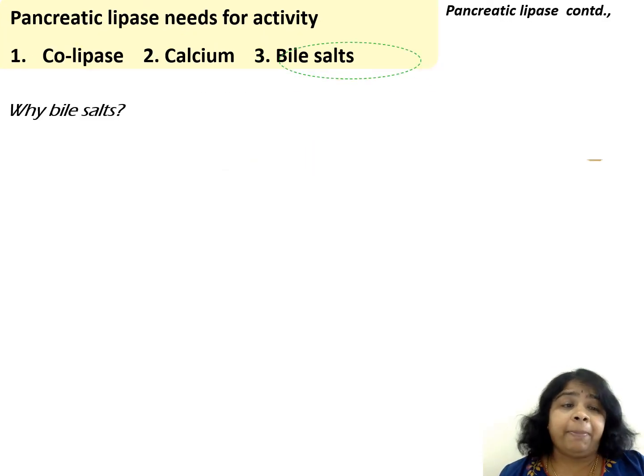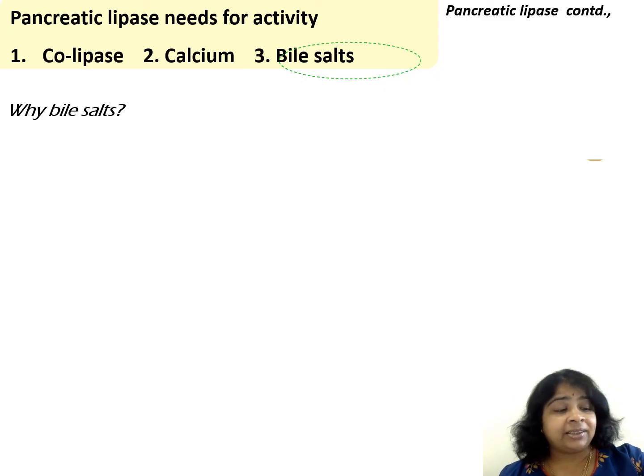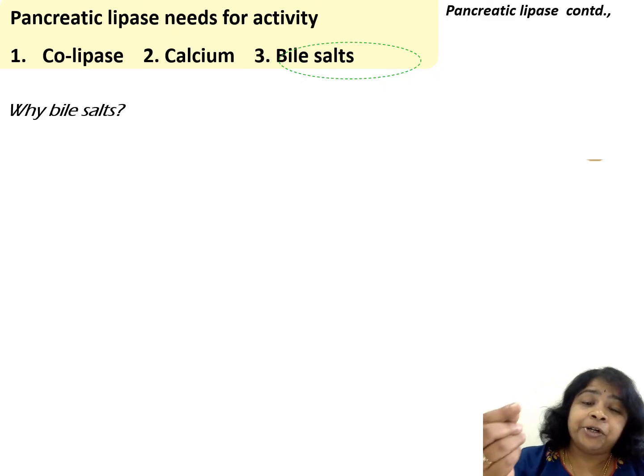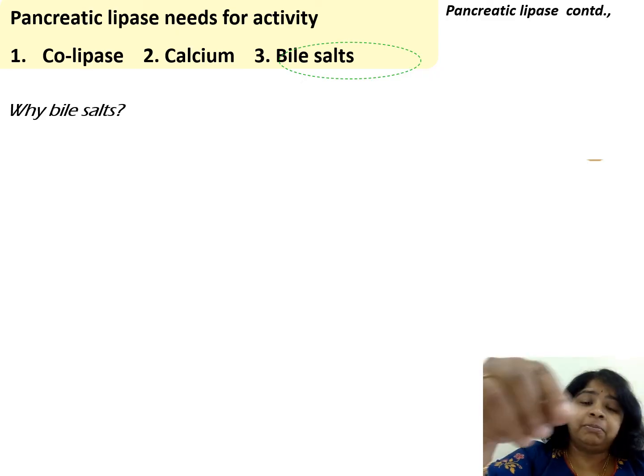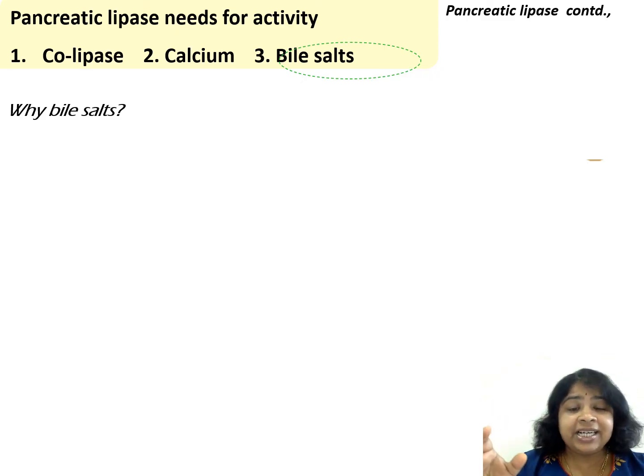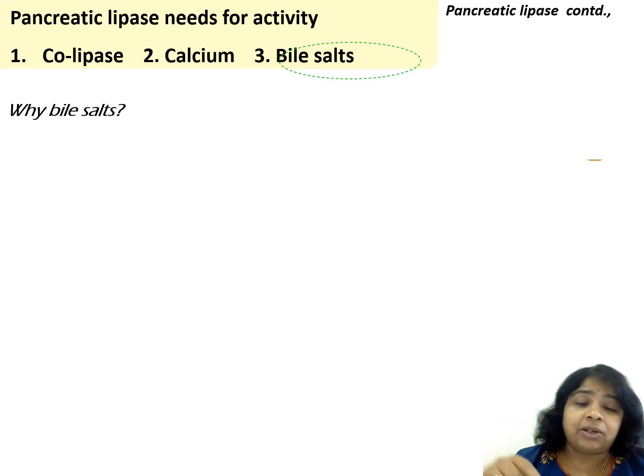Now what about bile salts? If you have ever seen a drop of oil put in a glass or container of water, and you put multiple droplets, ultimately these droplets will all coalesce and form one big oil globule.